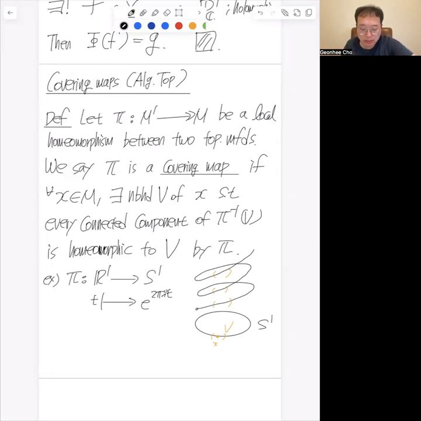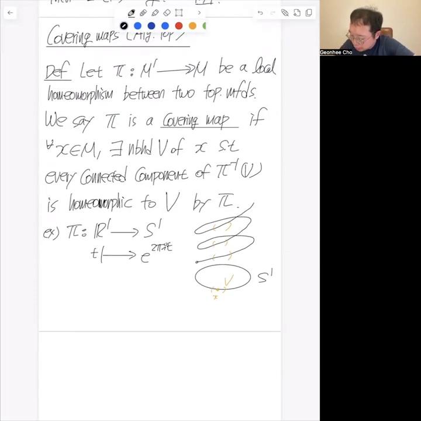There are also some terminologies. Let pi be a covering map.